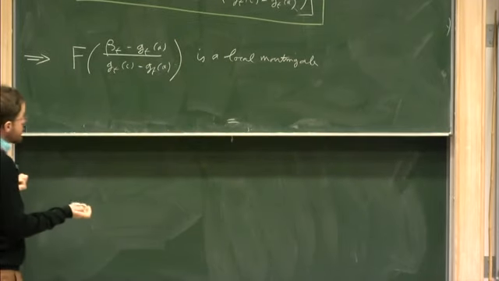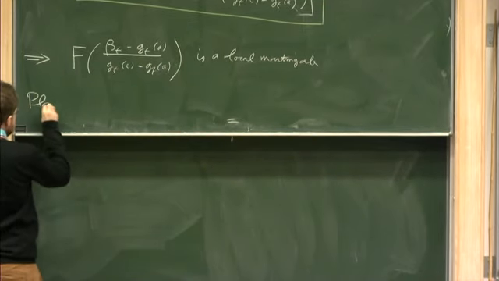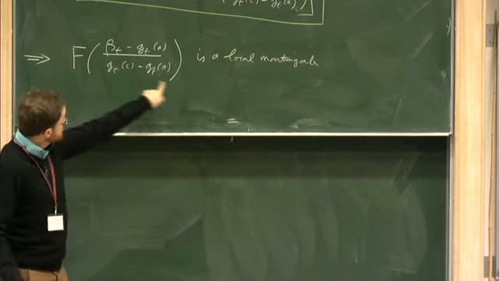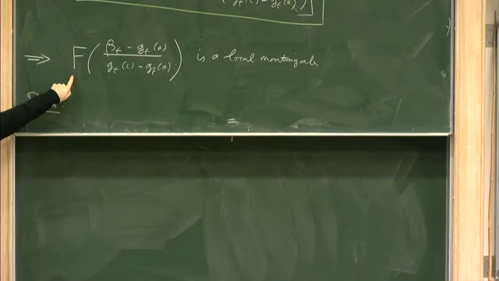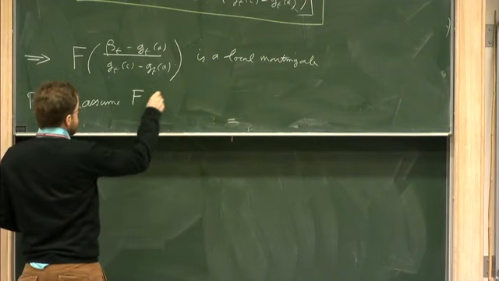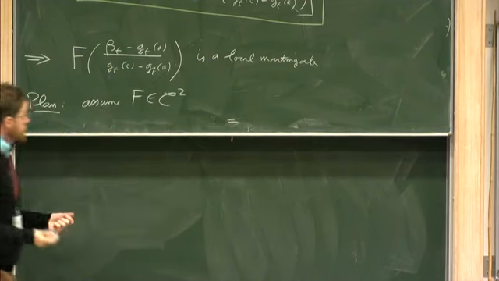So now the plan for the end of the proof is clear. We want to write that this is a local martingale. We will assume that f is C2.